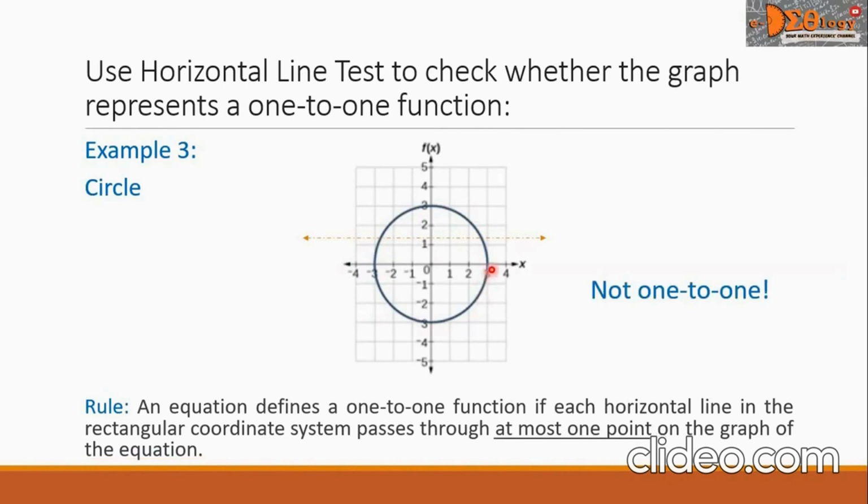Also, we can say that the circle is not a function itself, by virtue of the vertical line test, since a vertical line touches the circle in 2 points. So we say that a circle is not a function itself. This is our final answer.